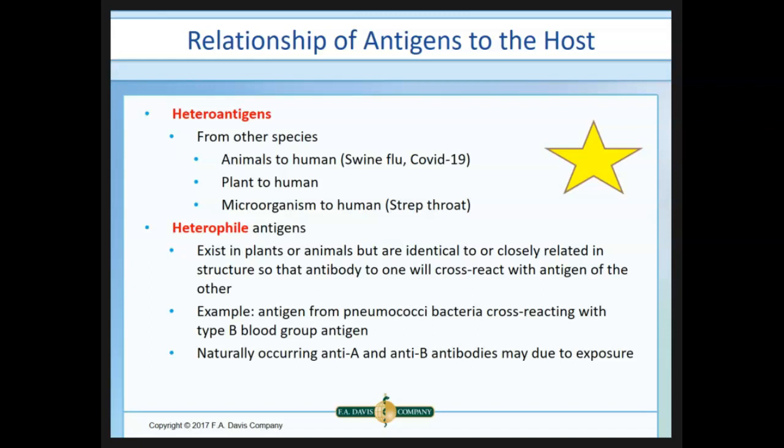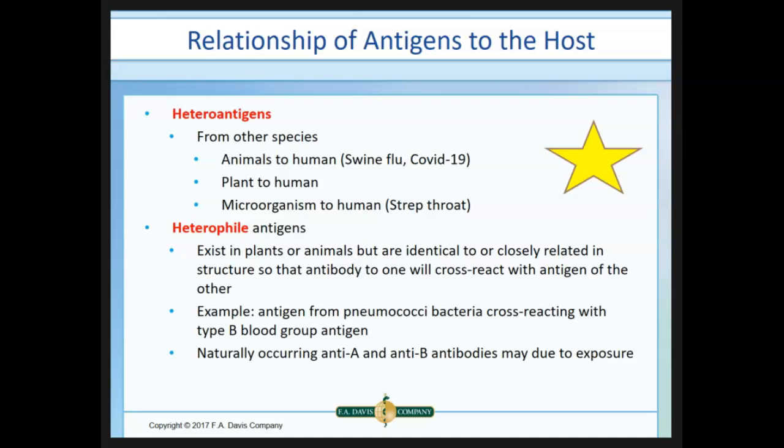For example, the antigen from the pneumococcal bacteria can react with our B blood group antibodies. So it's a human and bacteria, but they're so closely related that they can react with one another across species.